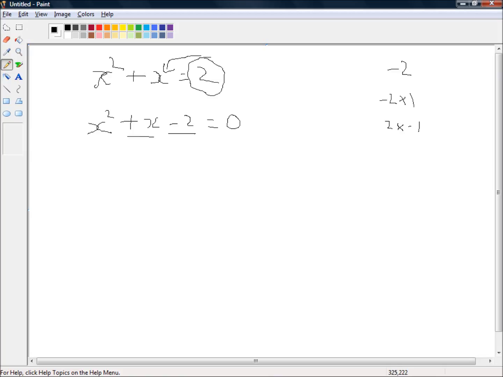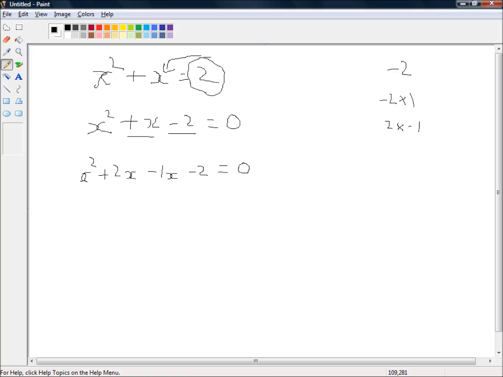So we can now decompose this into x squared plus 2x minus 1x minus 2, and that's equal to 0.